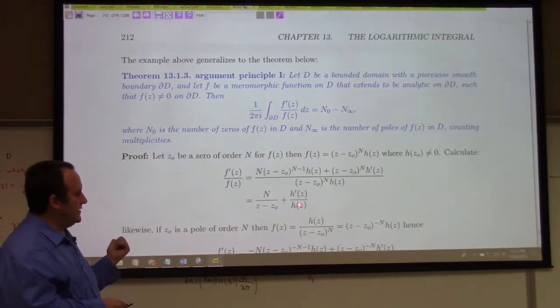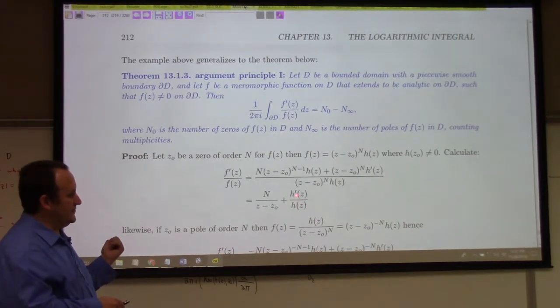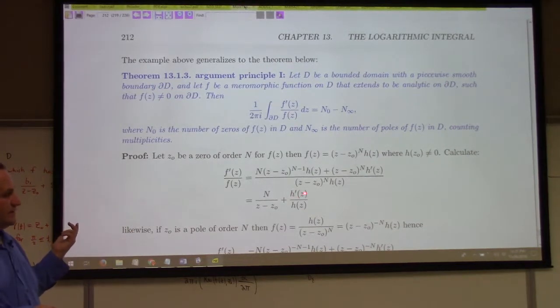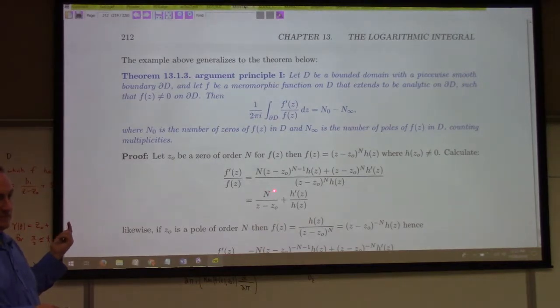Now, h of z naught is non-zero, and h prime of z, whatever it is, who cares? The point is that this piece is non-singular, so this is the entire principal part at z naught. And so the residue of this at a zero of order n is just n. So the residue of f prime over f at a zero of order n is n.